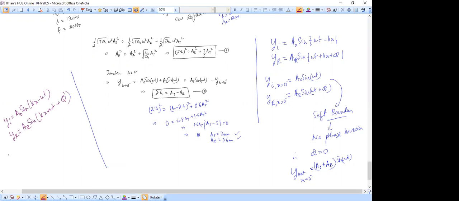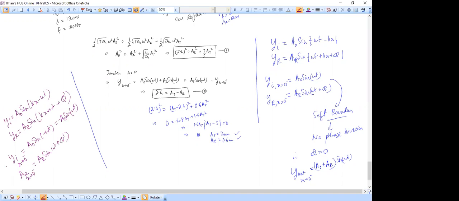So again, y incident at x tending to 0 minus is A naught sine minus omega t, that is minus A naught sine omega t, and y reflected at x tending to 0 is A R sine omega t plus phi prime.